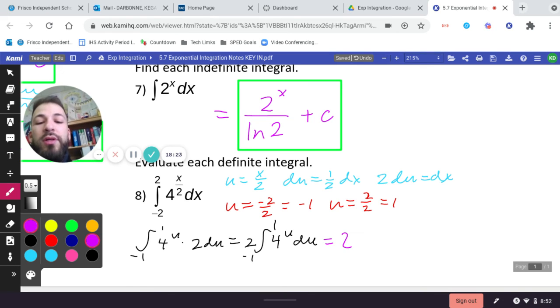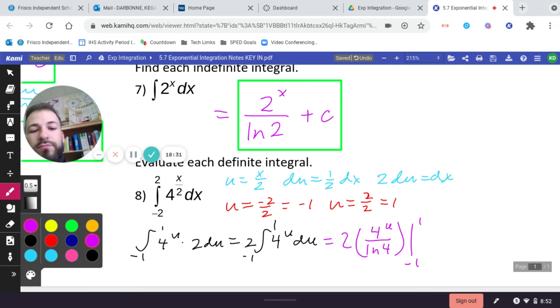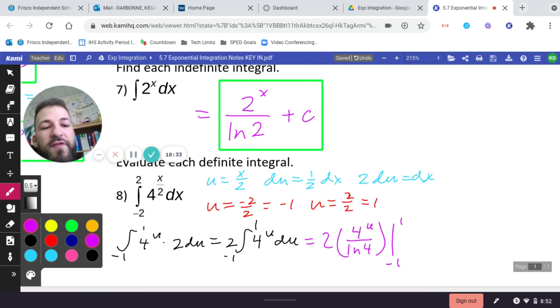So 2 times 4 to the u divided by the natural log of 4, and we're evaluating it from negative 1 to 1. So from here, this becomes 2 times 4 to the 1 over natural log of 4, minus 4 to the negative 1 over natural log of 4.